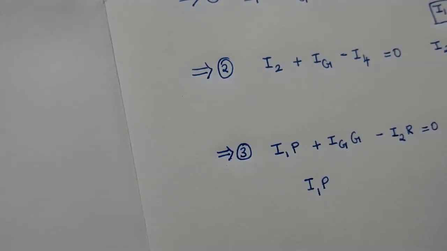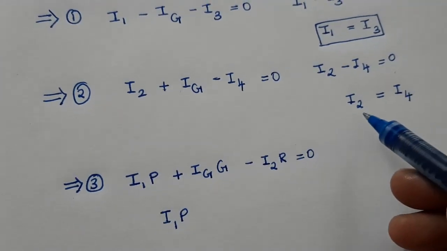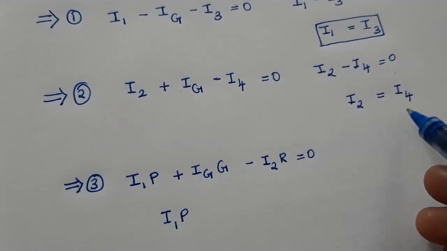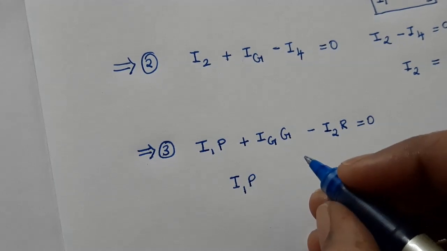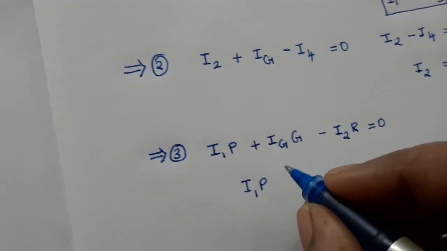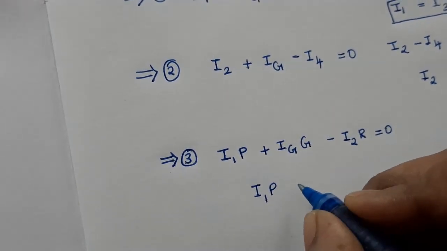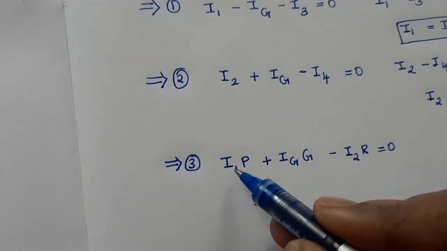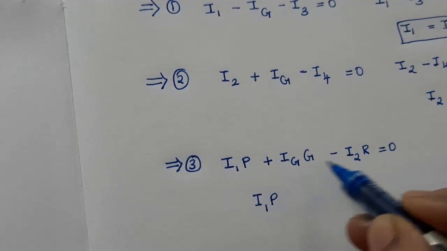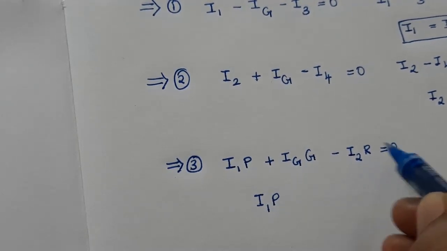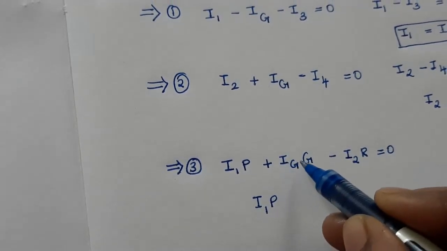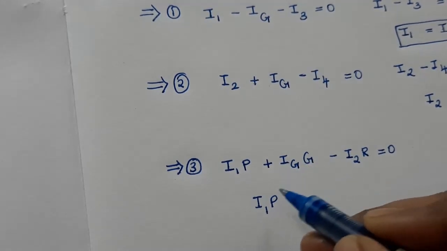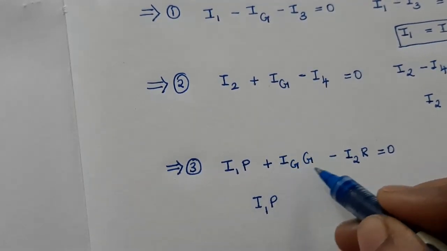From the third equation, I1P plus IGG minus I2R equal to 0, and this IG value is equal to 0, so this entire term goes to 0.